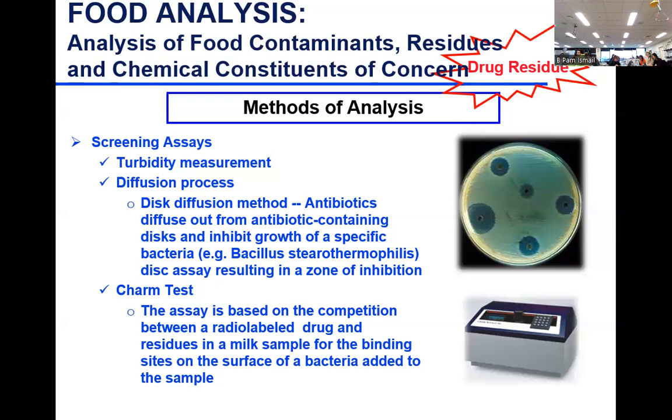The more antibiotics present in your sample, the less radio-labeled drug will bind to your bacteria, so you'll have less reading. So again, there is competition here. The lower the reading of the radio-labeled drug, that means you have more of the actual drug in your sample.